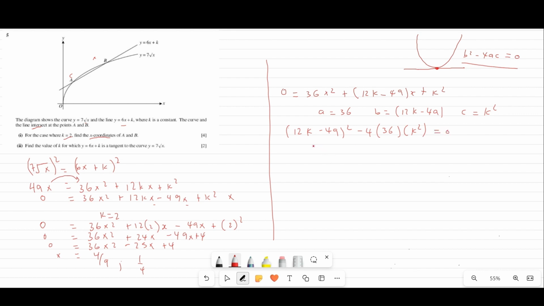All we need to do now is to expand this bracket, then simplify. 12k times 12k gives us 144k squared, minus 12 times 49k. I'm simply going to simplify this step by step so we don't lose track.